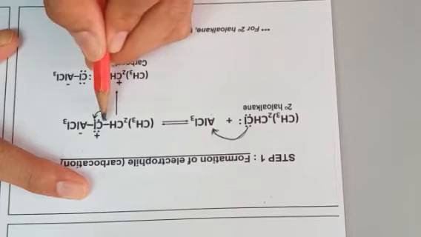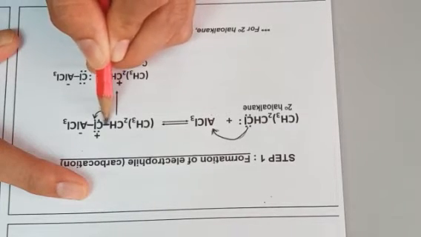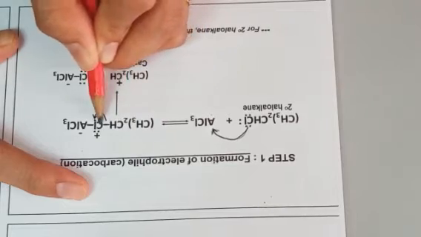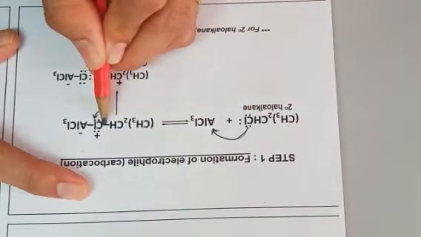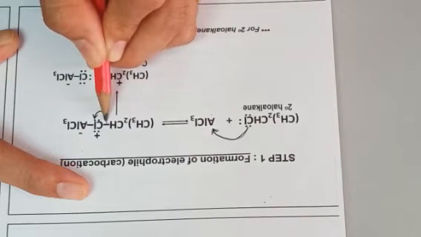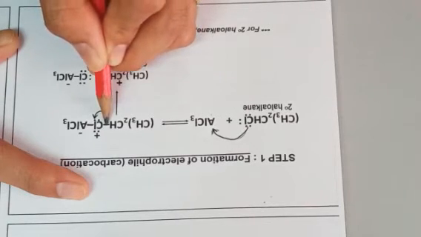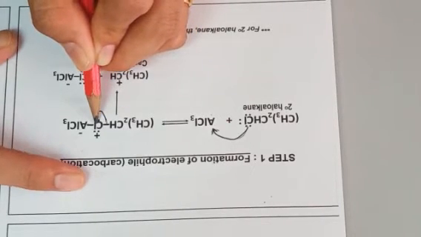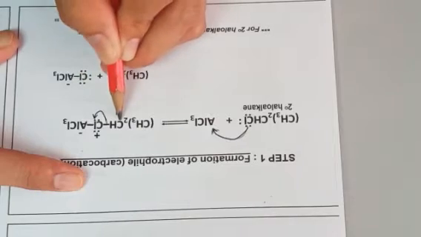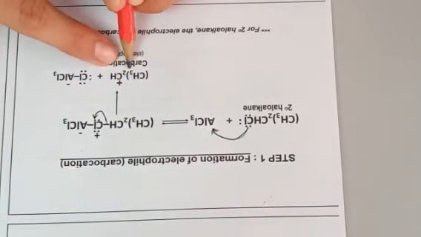So what happens? The bond between carbon and chlorine from the haloalkane will break heterolytically, and the electrons will be transferred to the chlorine because chlorine is more electronegative than this carbon. So we form this carbocation.